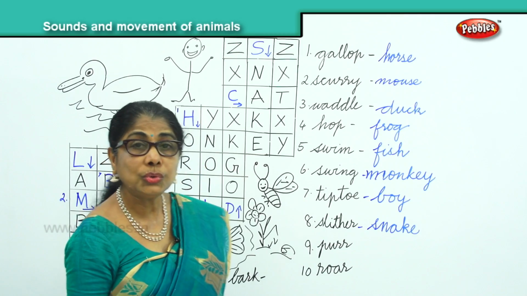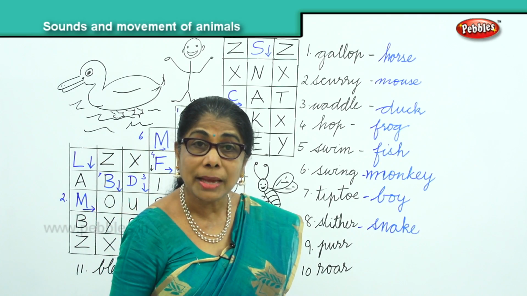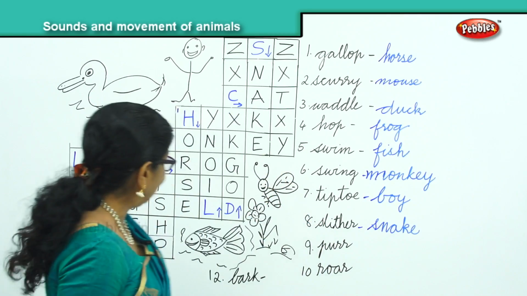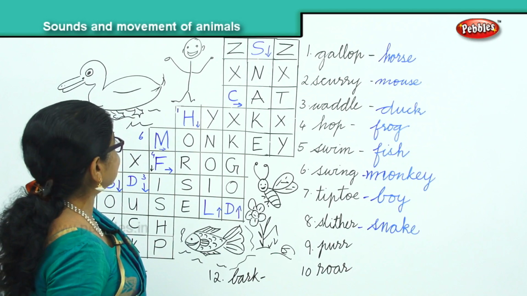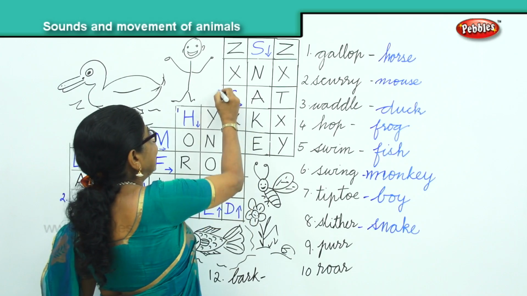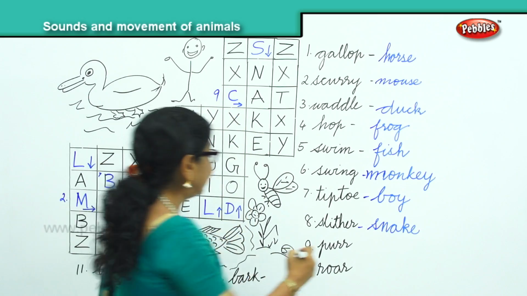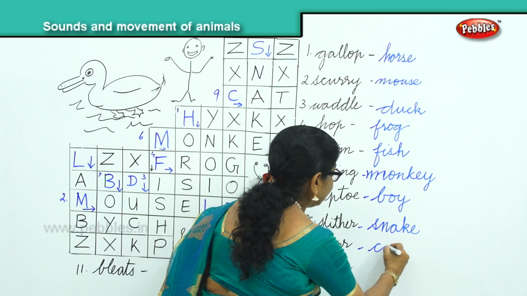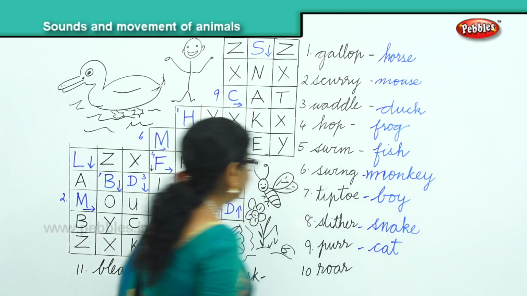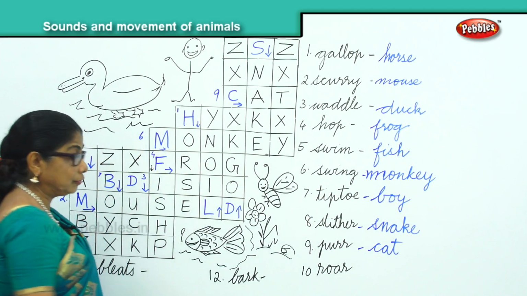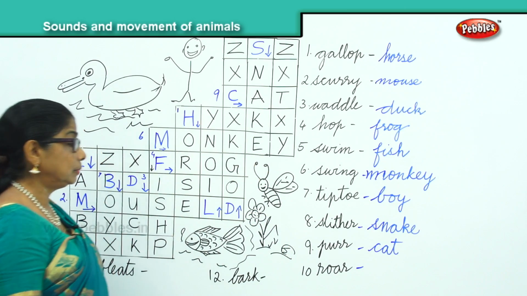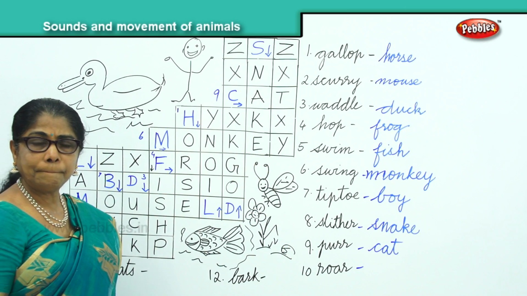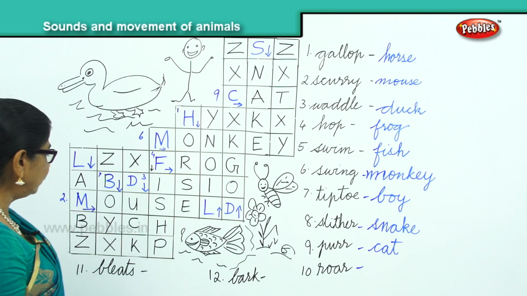Now, who says purr, purr when you go play with him? What is that? Purr. Cat. You have here a cat says purr, purr, cat. Then finally you have somebody here who roars and says, here I am the king of the forest.